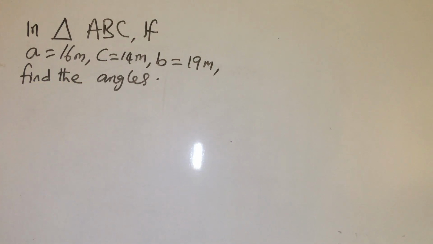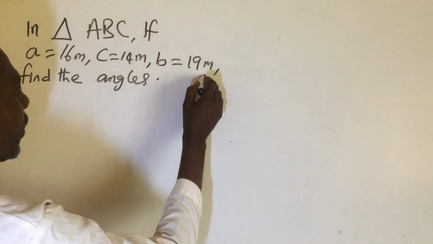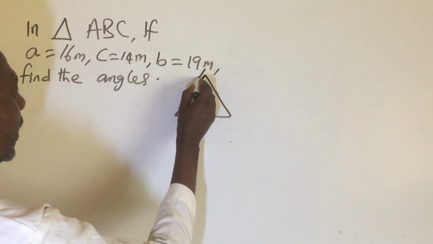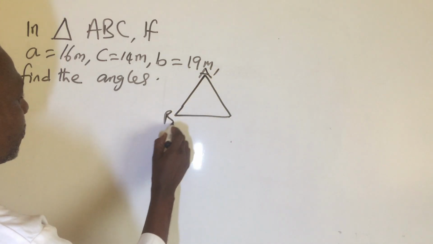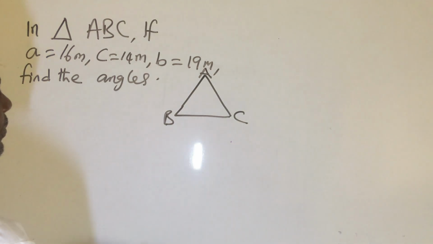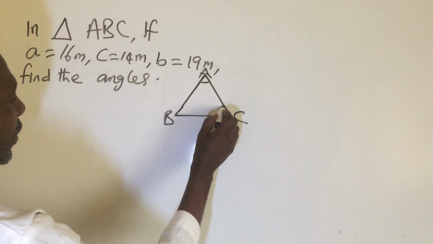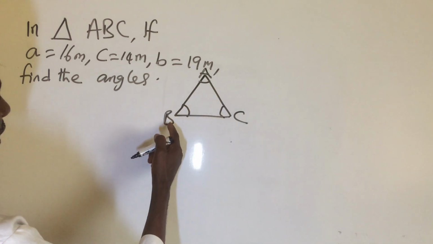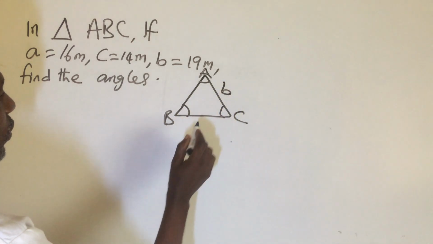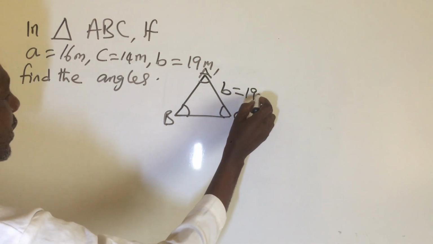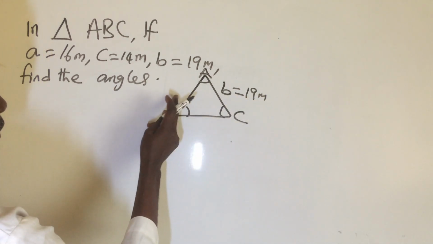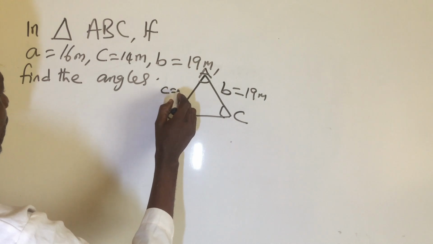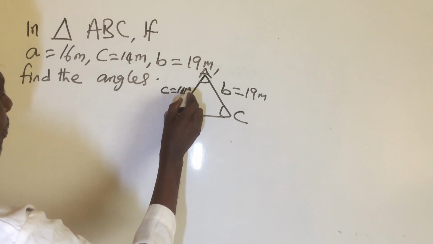Now, if the triangle is this, and here is A, here is B, and here is C, and here is angle A, angle C, and angle B, then this side facing angle B is small b, which we say is 19 meters. This side facing angle C is small c, which we say is 14 meters.